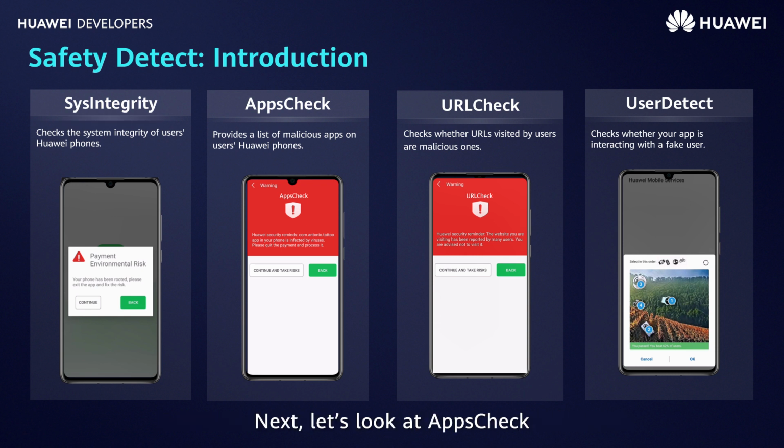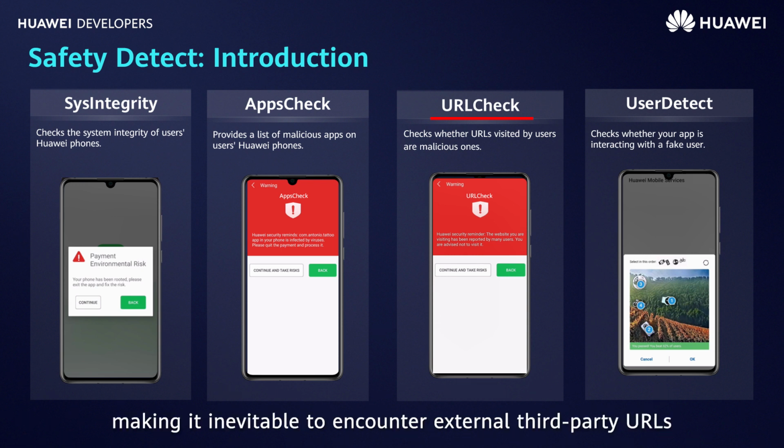Next, let's look at AppsCheck. AppsCheck provides you with information about whether the current Huawei device contains viruses and malicious apps. As for URLCheck, it can provide you with information about whether external URLs are secure. Your service logic involves information addition and message sending, making it inevitable to encounter external third-party URLs.